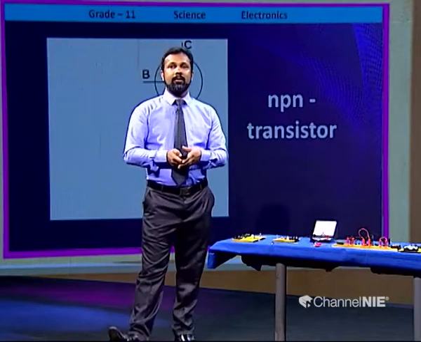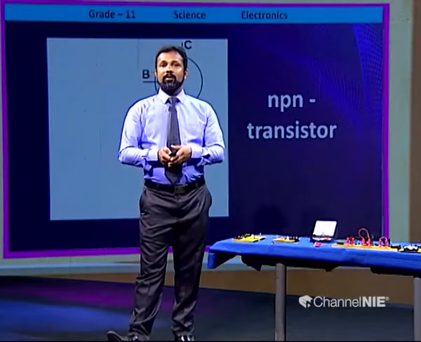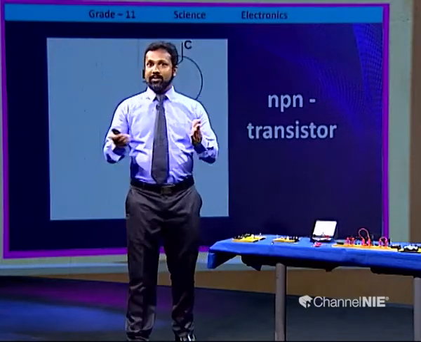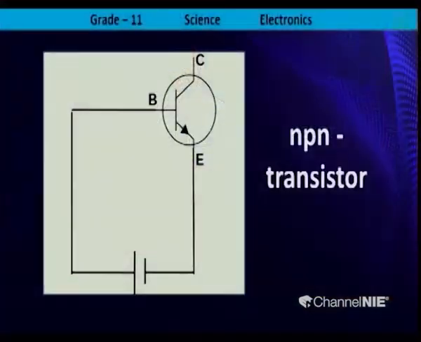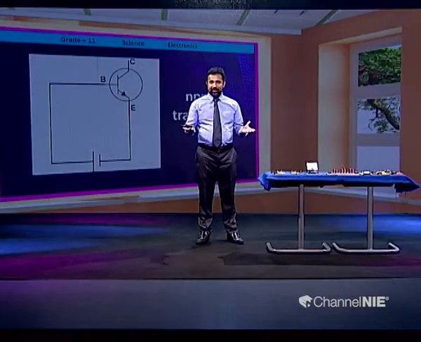Right. Let's study the circuit of a transistor. Npn transistor. As you can see, this is called the input circuit. This is how we arrange the circuit. All right, children.